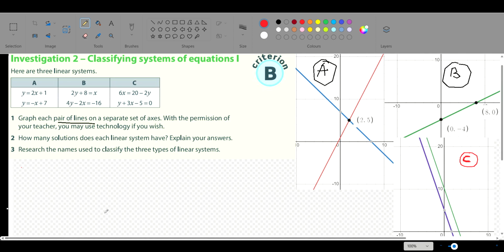See, I'm telling you, for a system of equations, you can write it down: a system of equations can be classified by the number of solutions.